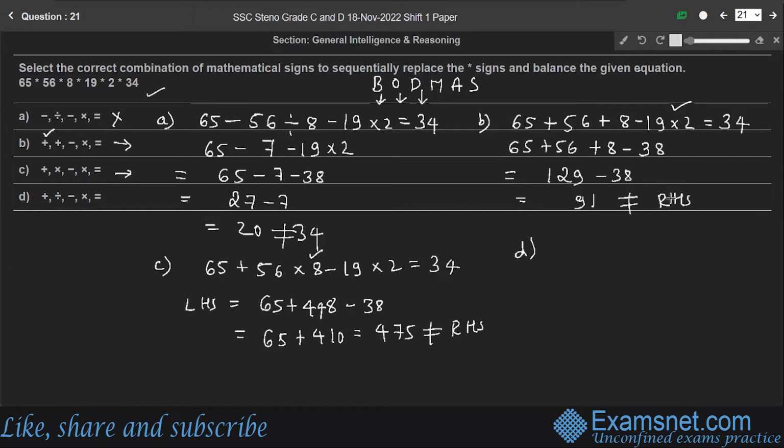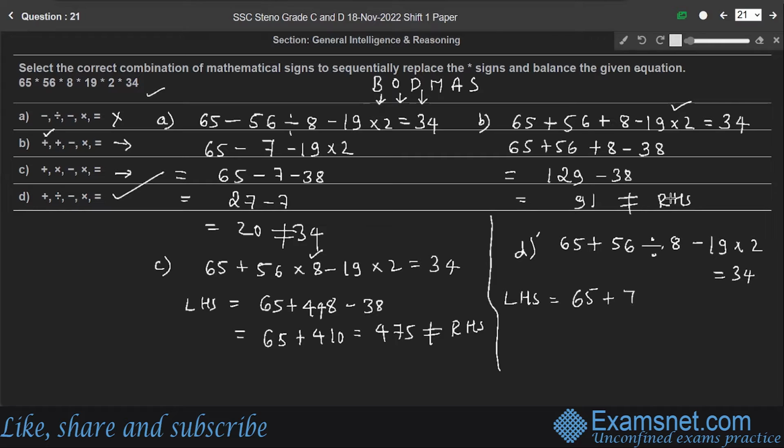So option D will be the correct answer. We'll check option D. According to it, the first asterisk should be replaced with plus, and the second asterisk with the division sign: 65 plus 56 divided by 8 minus 19 into 2 should be equal to 34. Consider the left hand side. By the BODMAS rule, let us go for division: 56 by 8 is 7.